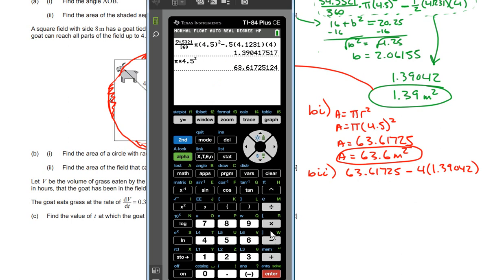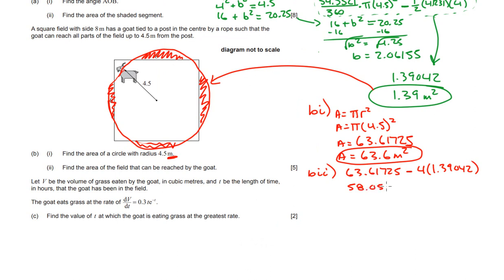Subtract 4 times 1.39042 off and we get 58.0555, 58.0556 really, if we round it off, right? So the area of the field that can be reached by the goat would be 58.1, because this 5 is going to round that up. Okay, and we get 58.1, and that's going to be square meters.